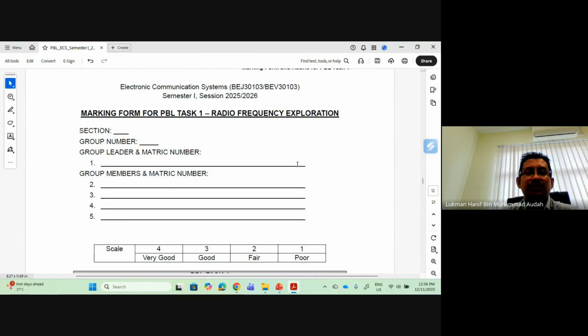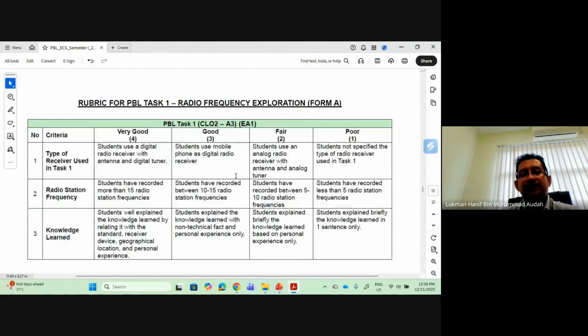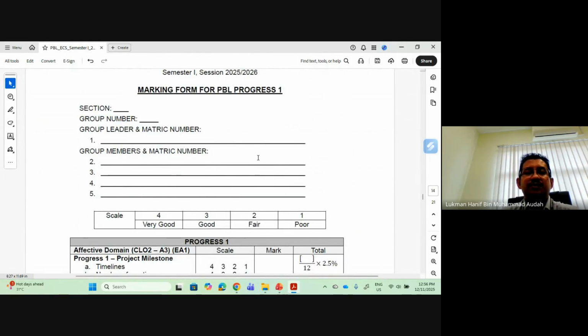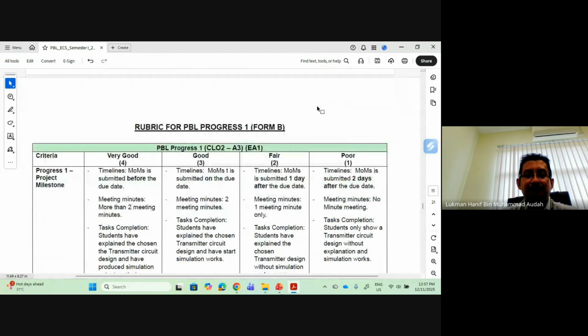So you already submitted task number 1. For task number 1, you will be evaluated using this marking form and also the rubric. This form B is for progress report 1. This is the marking form for progress report 1, and this is the rubric.